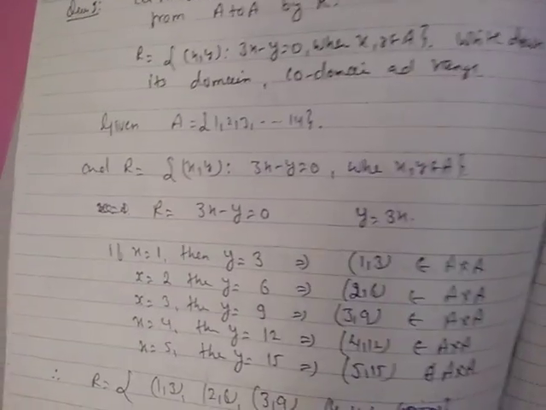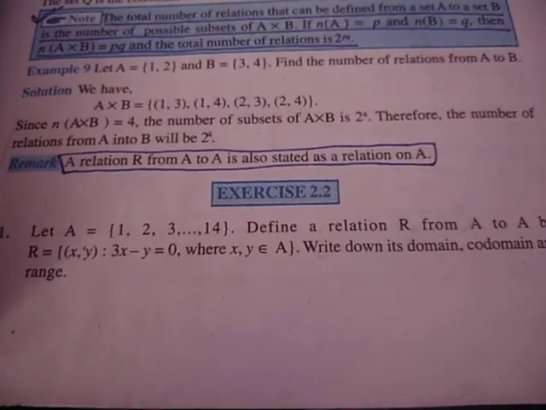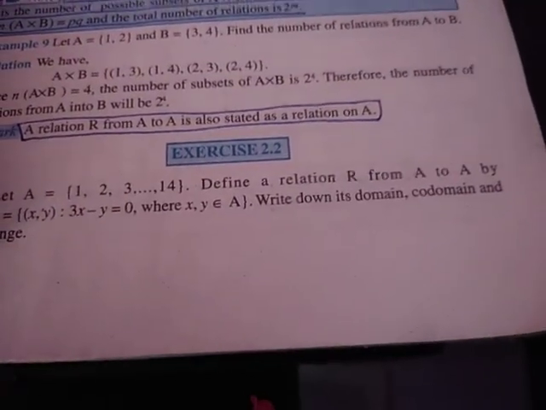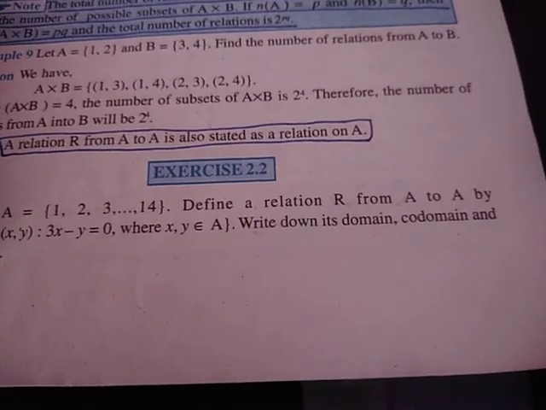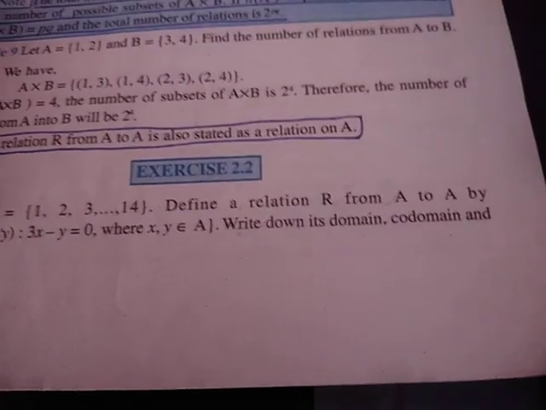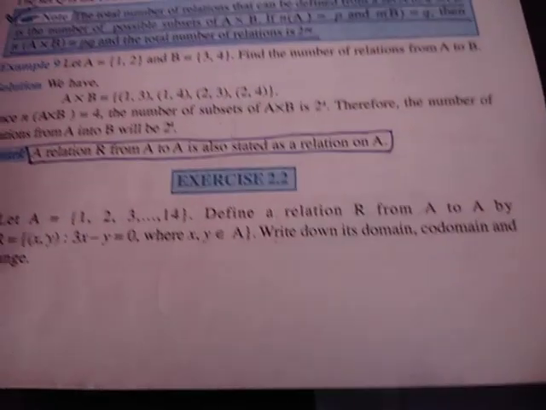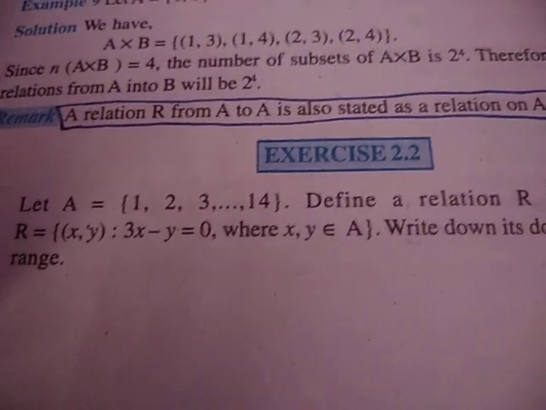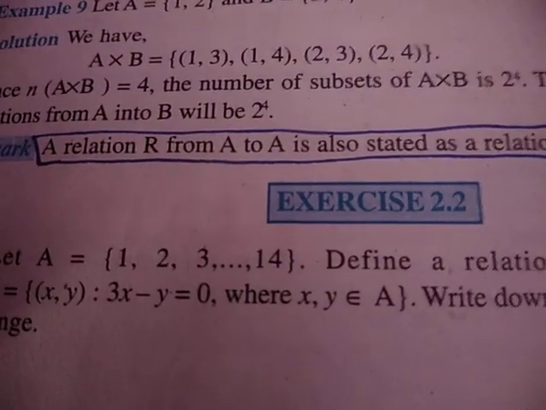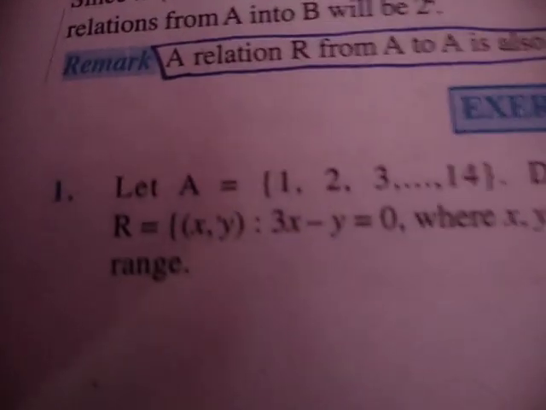Okay. Now in NCERT, question number 1 is there. Just see here, let A equals {1, 2, 3, ..., 14}. Define a relation R from A to A. Okay, two sets are here, A to A. By the relation, for the ordered pair (x, y), you have to take 3x minus y equals 0, where x and y belong to A. Write down its domain, codomain and range.